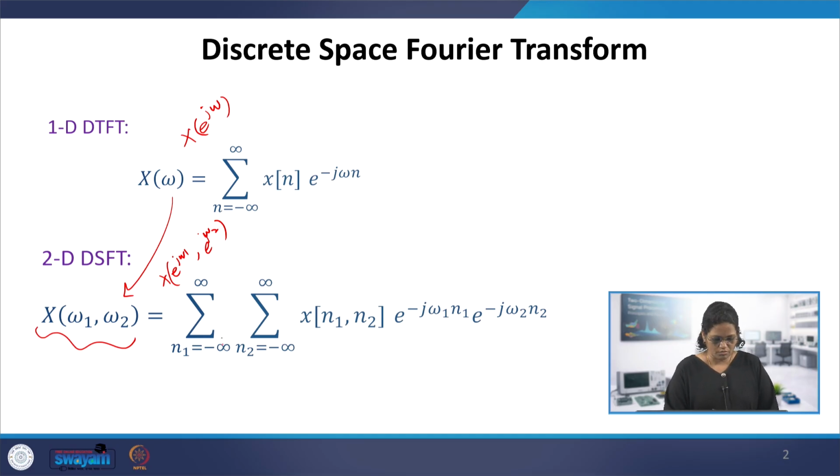N1 is summing from minus infinity to plus infinity, and N2 also from minus infinity to plus infinity. X of N1 comma N2 is a sequence which is aperiodic and discrete, multiplied by e power minus j omega 1 N1 and e power minus j omega 2 N2, and you sum it over the region of support. So you get the 2D DSFT.